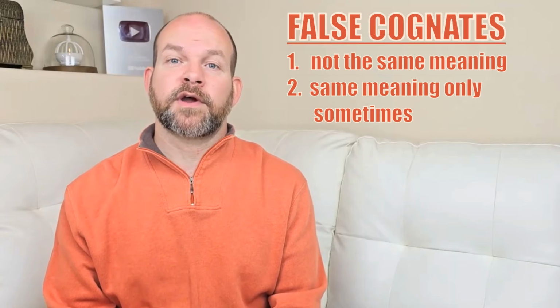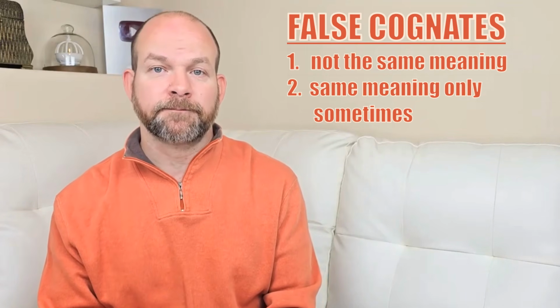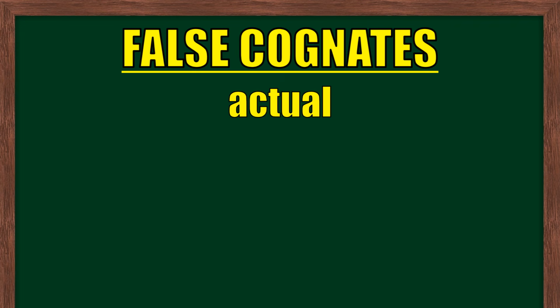We're going to start with one of the most common false cognates that confuses a lot of people. The word actual. It is spelled identical to the word actual in English. Of course, you have to give it a Spanish pronunciation. Actual does not mean actual.